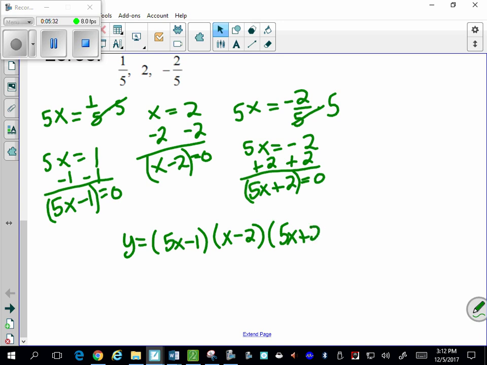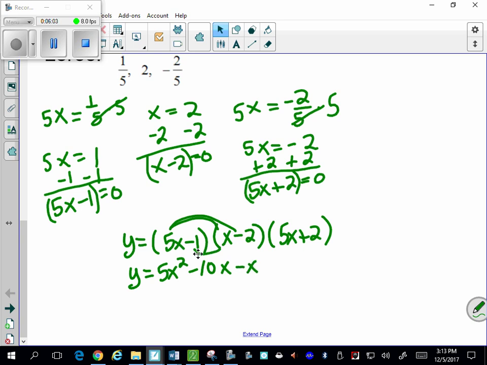So here, this is 7b, the factored form of the polynomial, but for 7c we have to multiply this out. Again, to multiply it out, you take 2 factors, it doesn't matter which 2, and you multiply them out first. So 5x times x, 5x squared, 5x times negative 2. You can do this with the Punnett Square if you want, but I'll just do this with FOIL. Negative 1 times x is negative x.